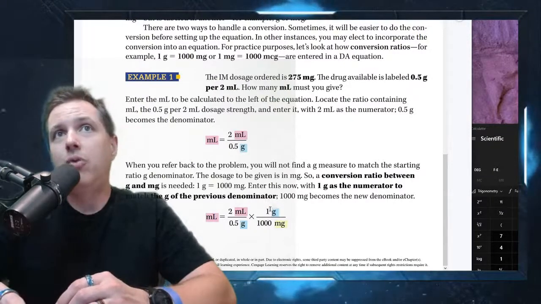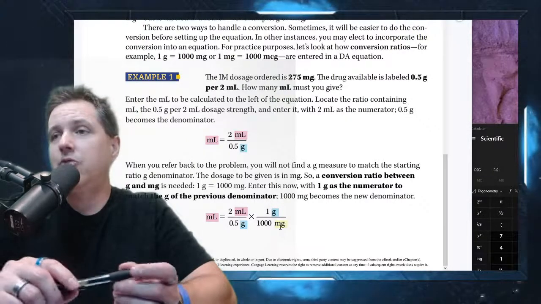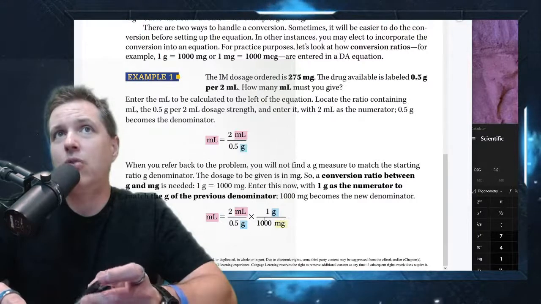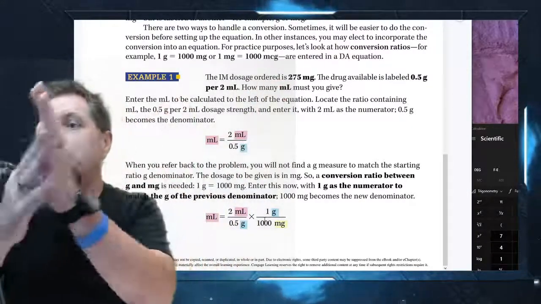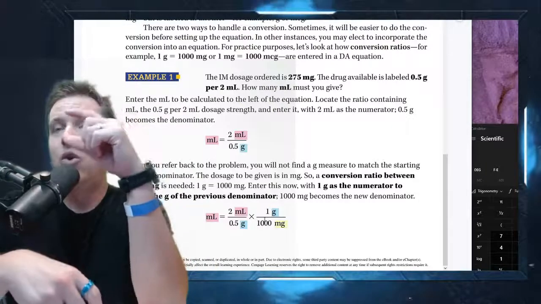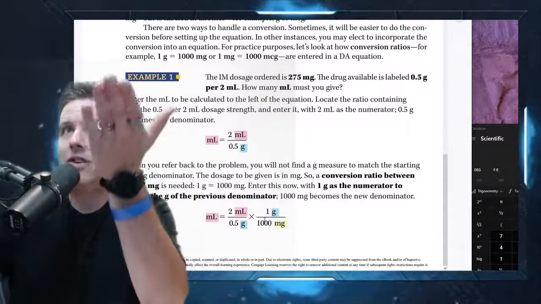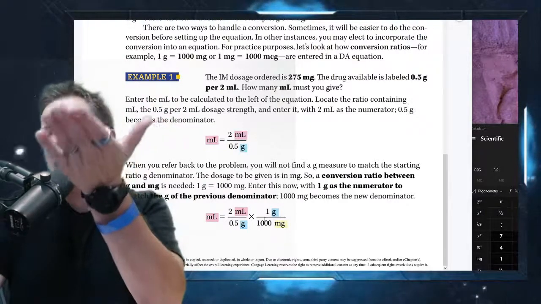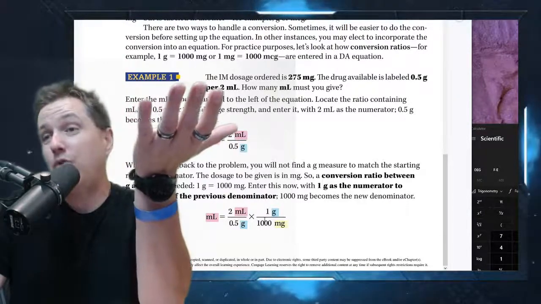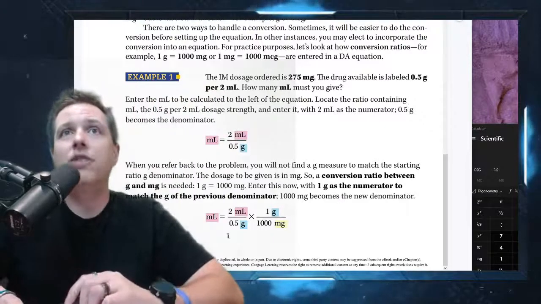So if you put 1 gram over 1,000 milligrams, that's just a form of 1. If you have a scale and you put 1 gram on one side and 1,000 milligrams on the other side, they balance because they both come out to 1 gram, right? So that's where this is.